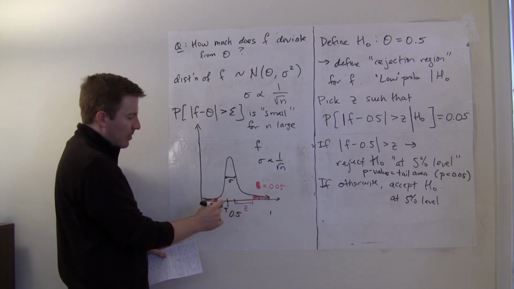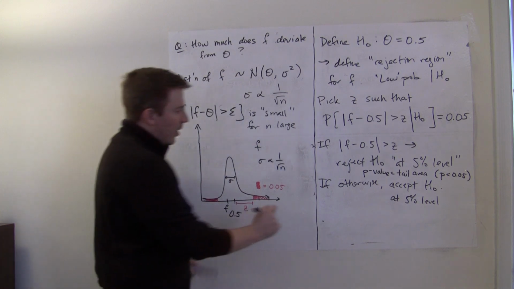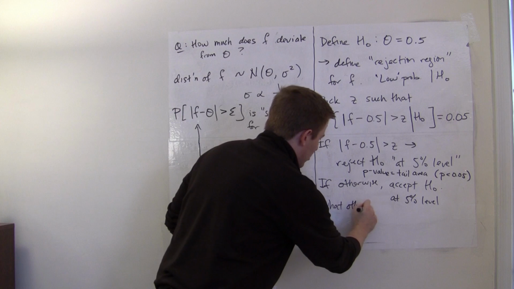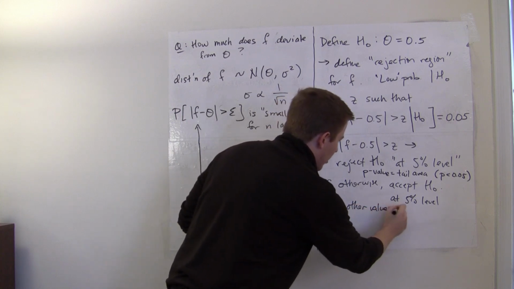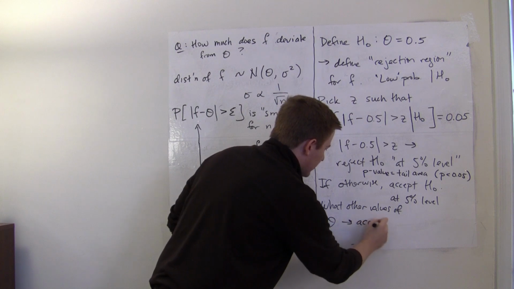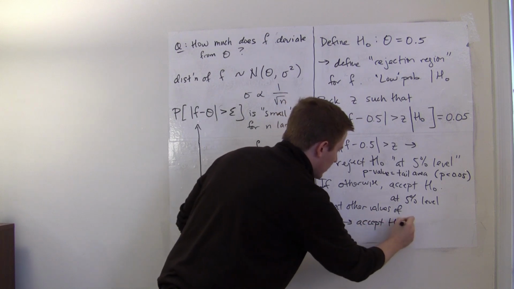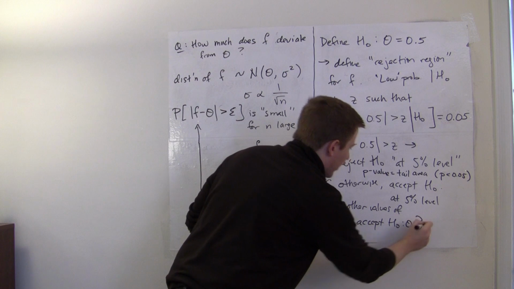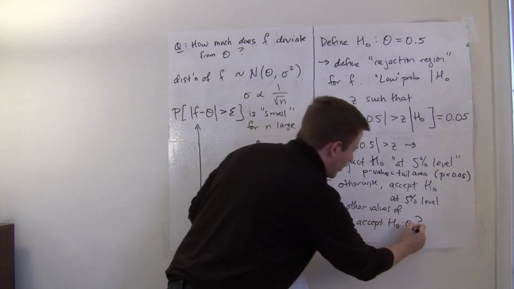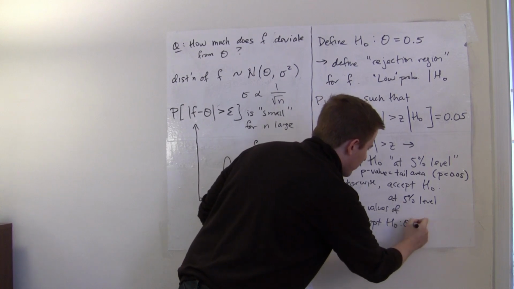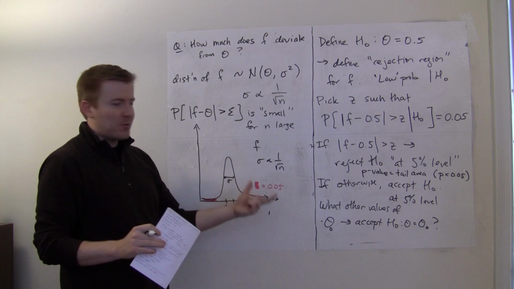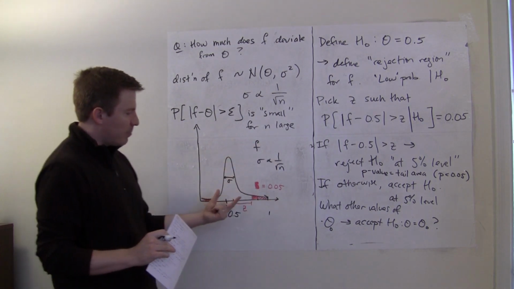So now the question might be, for what other values of theta would we accept the hypothesis of that value being theta? Maybe we should say, for what values of theta naught would we accept the hypothesis that this parameter is theta naught.